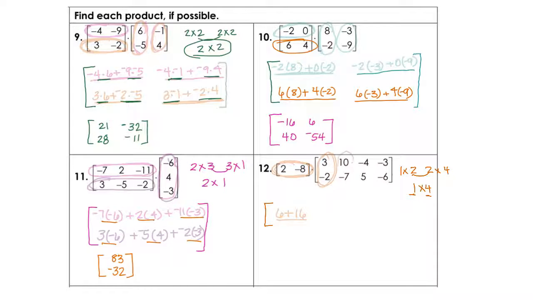Then you're going to go to the next one, and that's going to be 20 plus 56. That's your next element. And then you've got your next one, so that's going to be negative 8 minus 40. And then your final one, you're going to have negative 6 and positive 48.